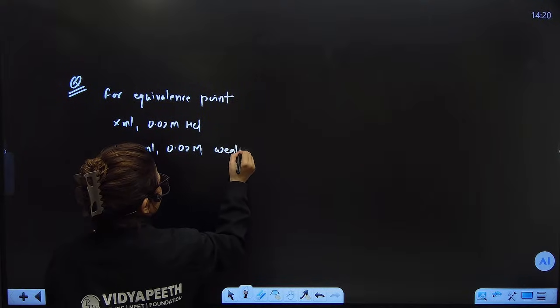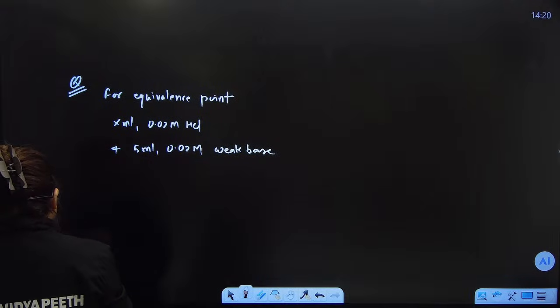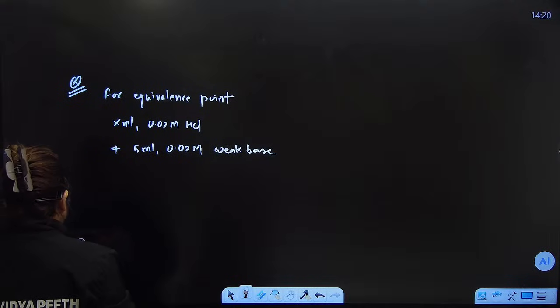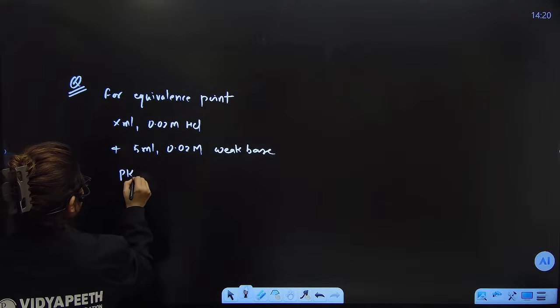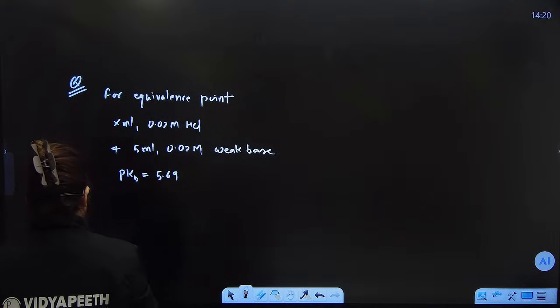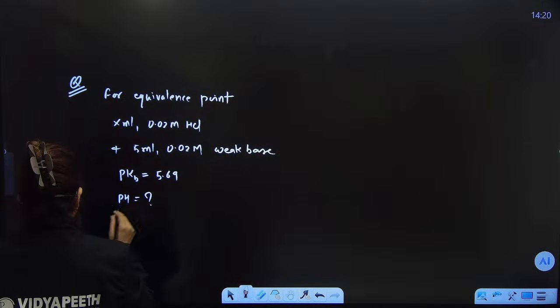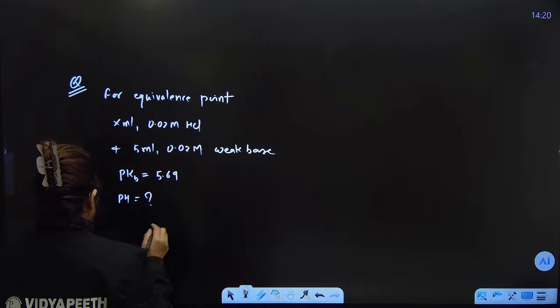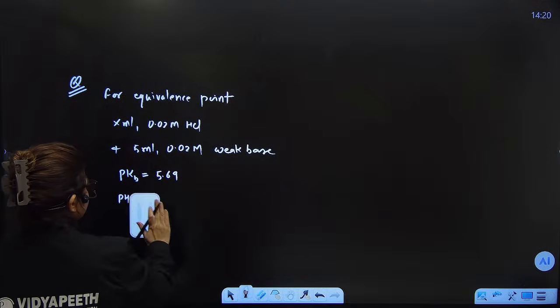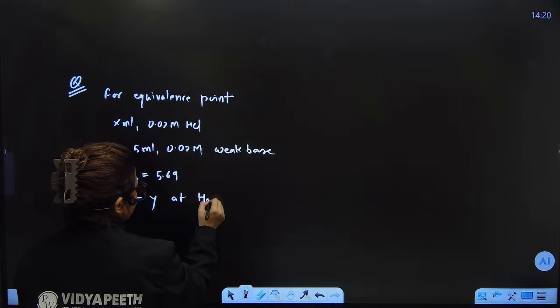The weak base could be anything, ammonium hydroxide, iron hydroxide, anything. The pKb of this weak base is given as 5.69. We have to find the pH of the resulting solution. The pH of the resulting solution is given as Y at half equivalence.